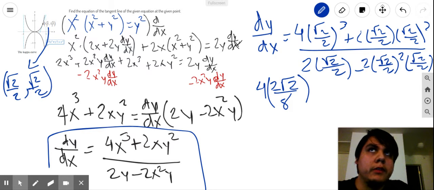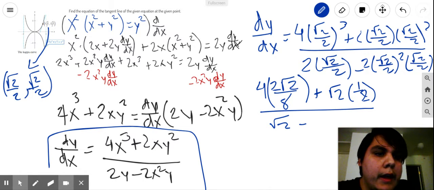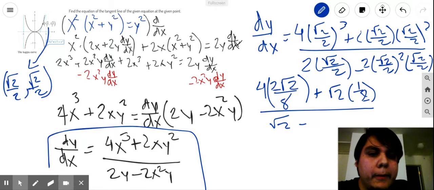Plus radical 2 times radical 2 over 2 squared is a half, over radical 2 minus, well, 2 times a half is 1.